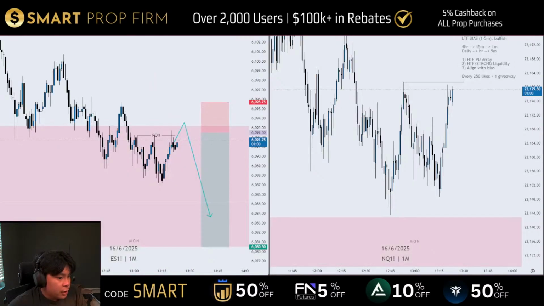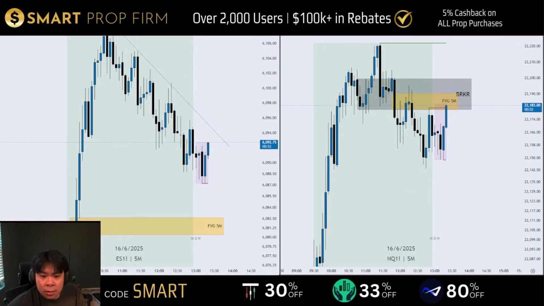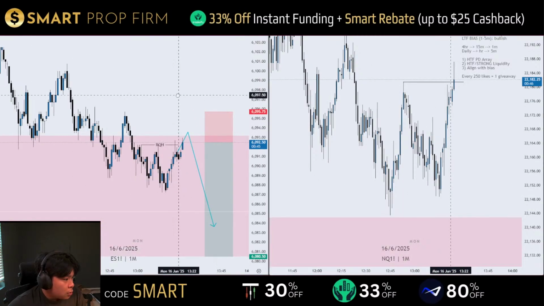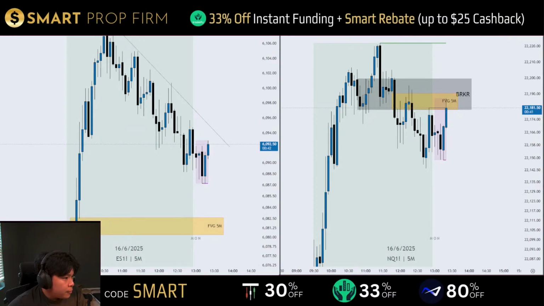Still nothing, still nothing. There's that spike up here. I think this flips here.